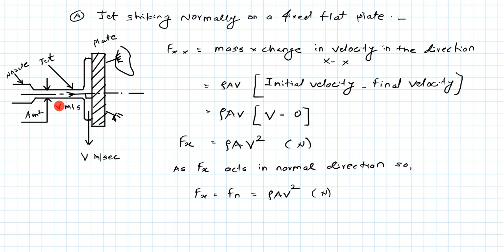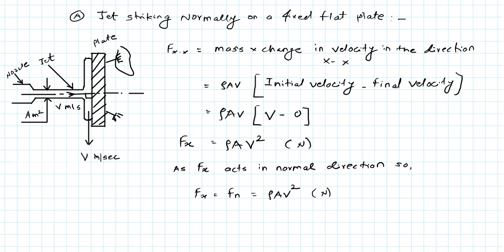So initial velocity is v minus final velocity. When the jet strikes the plate, the final velocity at this point is 0. In other words, as the plate is not moving, the final velocity is 0. So Fx is equal to rho a v square, in Newton.